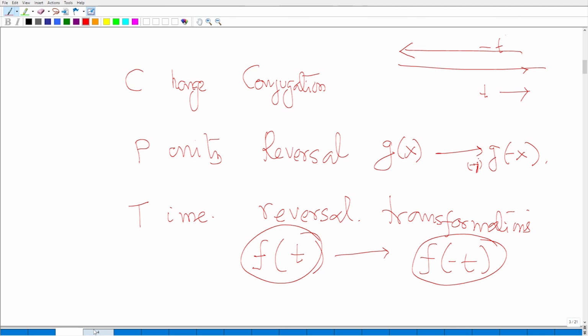So, if our quantum field theoretical or quantum mechanical arguments sustain these transformations, we say that our amplitudes are invariant under time reversal and parity transformation.